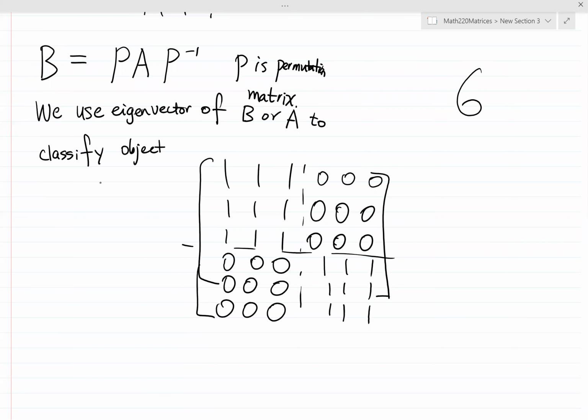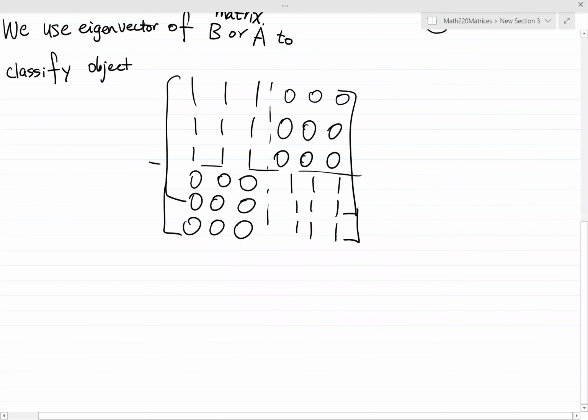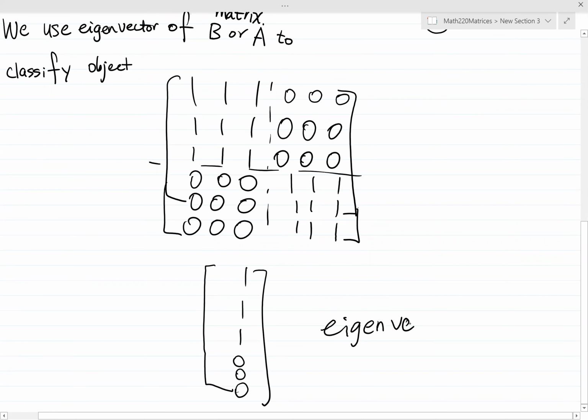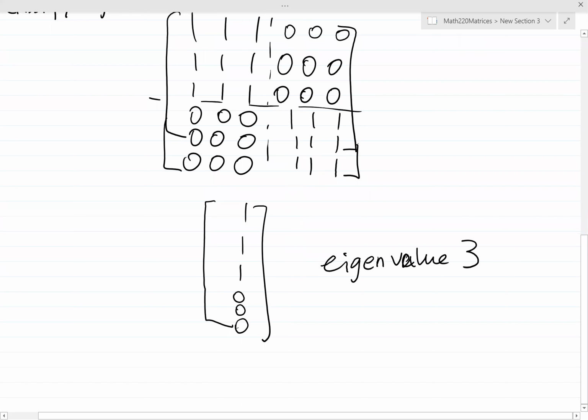Now, this matrix, you can easily find its eigenvalue and eigenvector. For instance, one of its eigenvectors is (1, 1, 1, 0, 0, 0). You check this matrix, you will see this eigenvalue is 3.